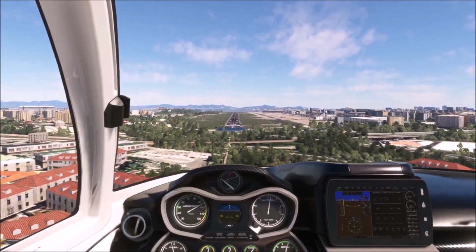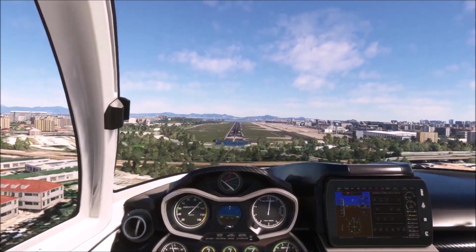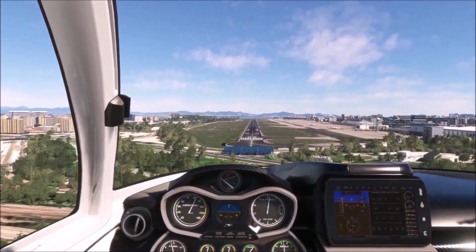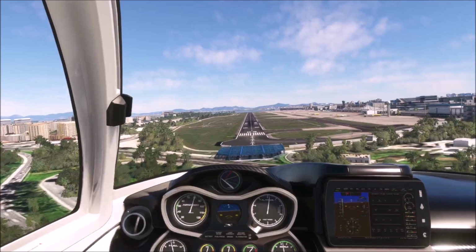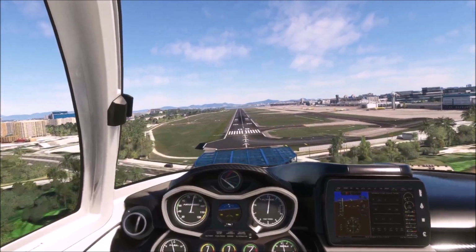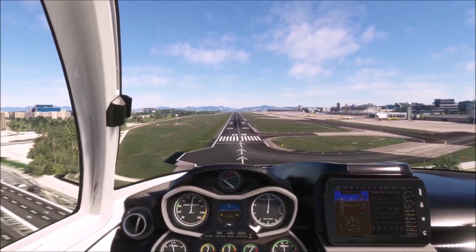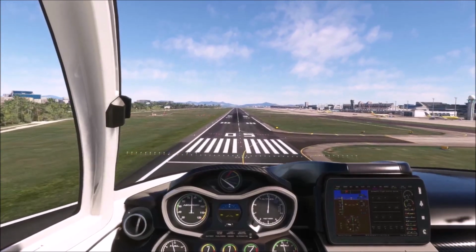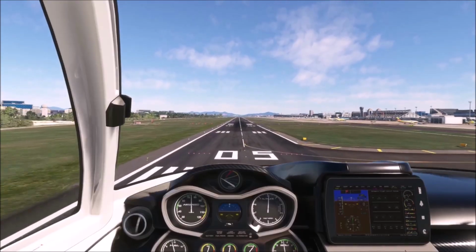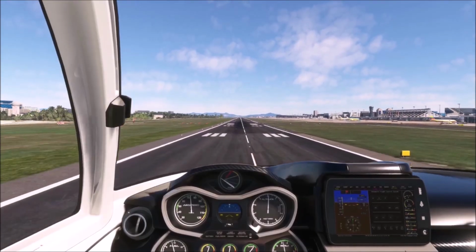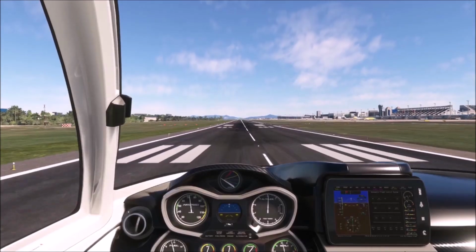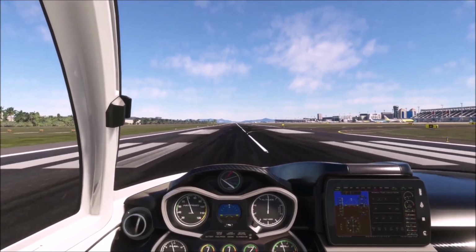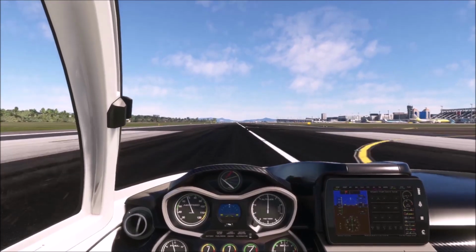Okay. So now we land from the other side of the runway, which is runway 05. Excellent.